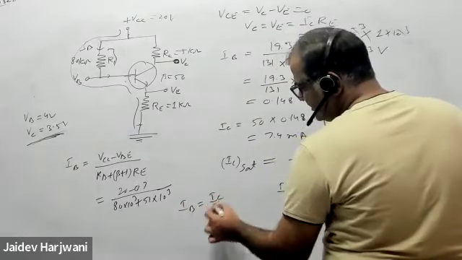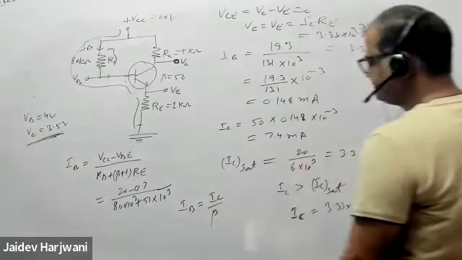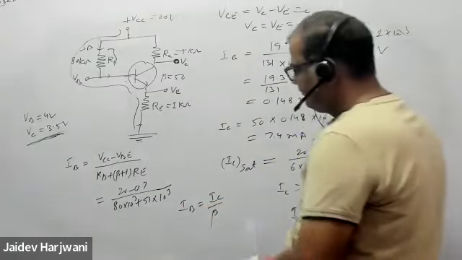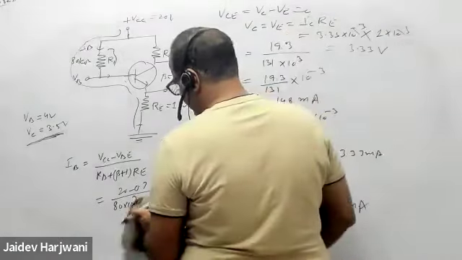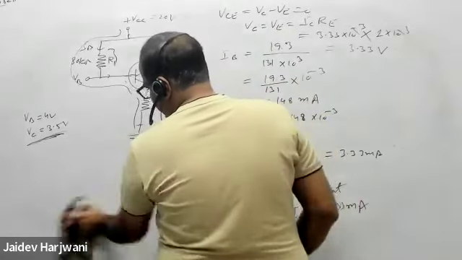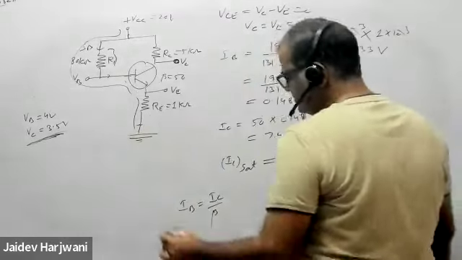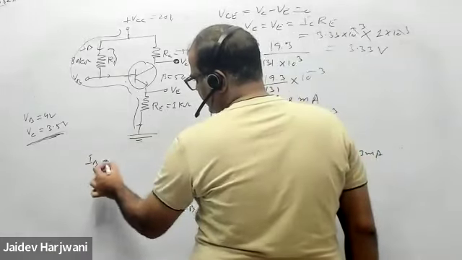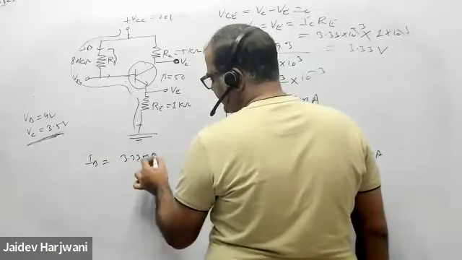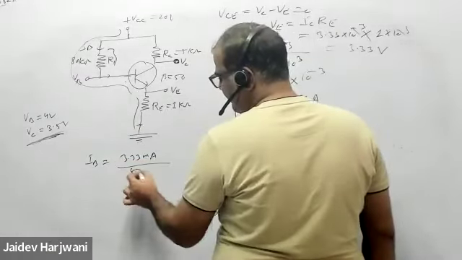IB will be IC by beta. Understand the question properly. IB will be IC, 3.3 milliampere, divided by 50.